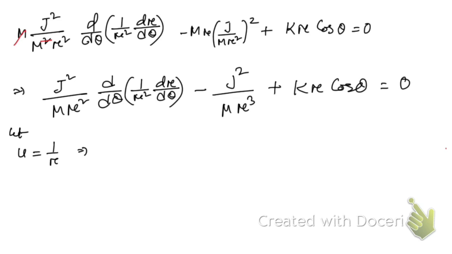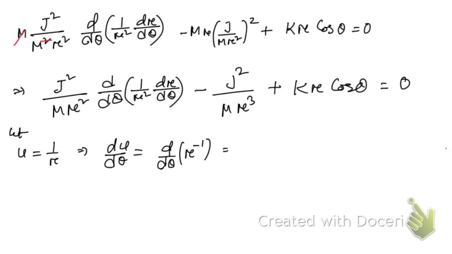In that case, if you differentiate u with respect to theta, what you're going to get is the derivative with respect to theta of r to the power minus 1. Here this is not a partial derivative, so you cannot consider r as constant while differentiating with respect to theta.